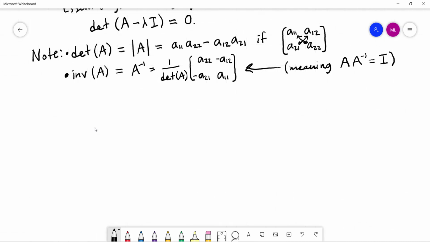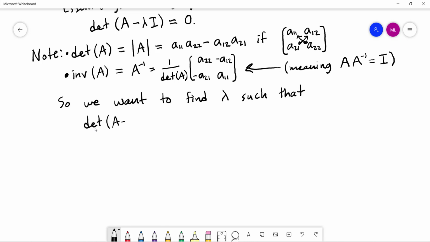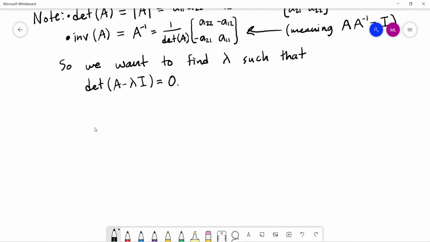Okay, so let's go back to what we were trying to do to begin with. So again, we want to find lambda such that the determinant of A minus lambda I is equal to 0. What that means is that the following is going to happen.